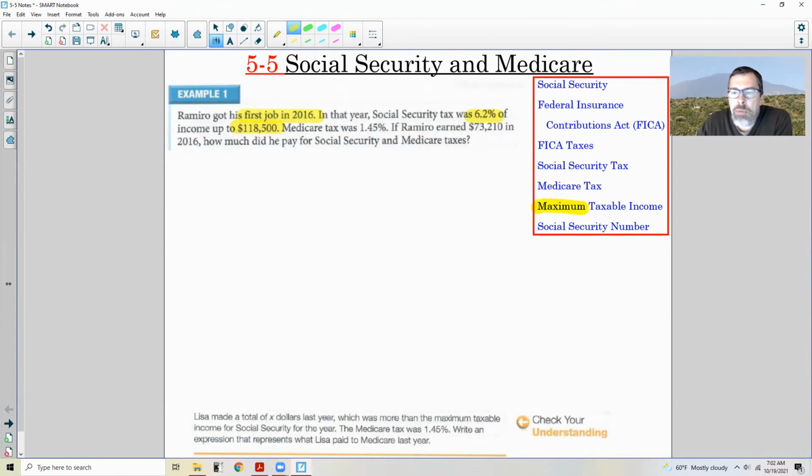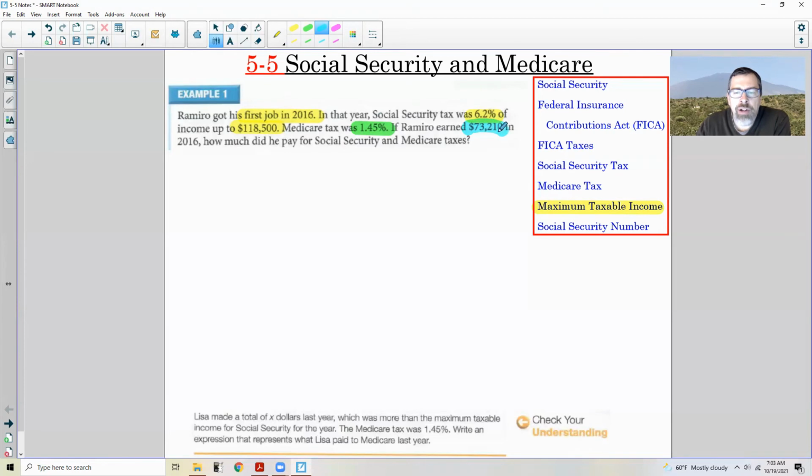That is the maximum taxable income. If you make more than that, they'll tax up to this, and anything over and above that does not get taxed. Medicare tax was 1.45% that year.